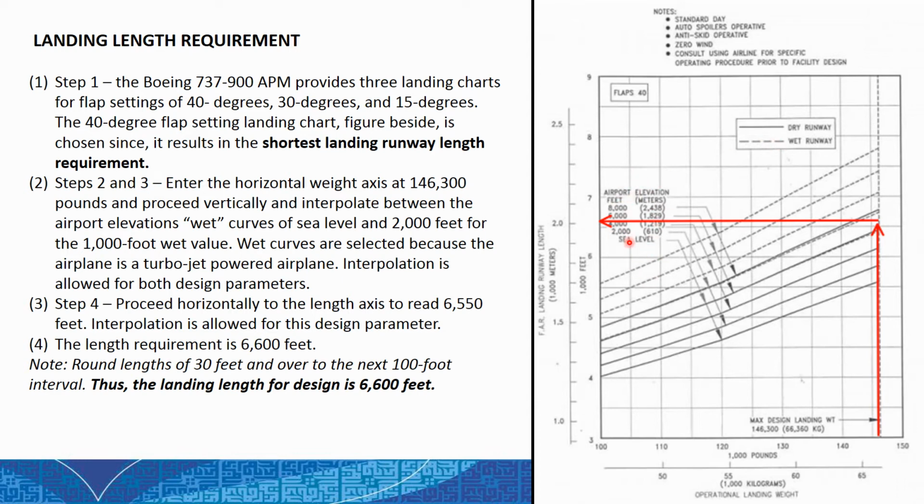Because the airport is at 1000 feet, and there is no 1000 feet curve here, we will just do some interpolation between the wet runway curve at sea level and the wet runway curve at 2000 feet.